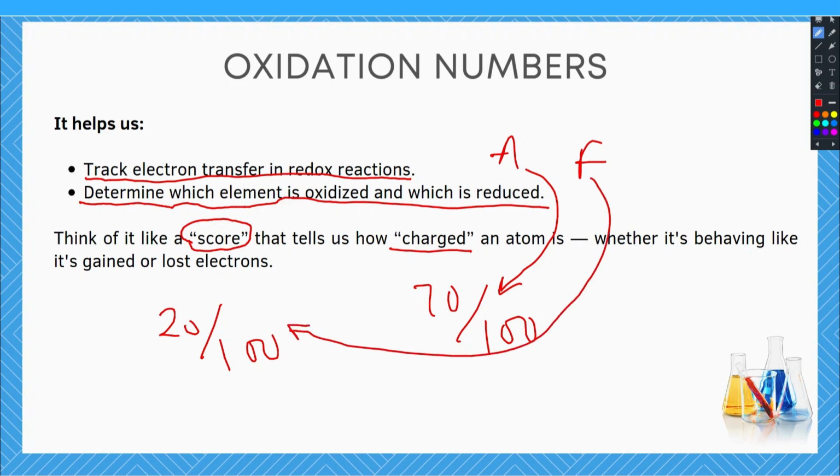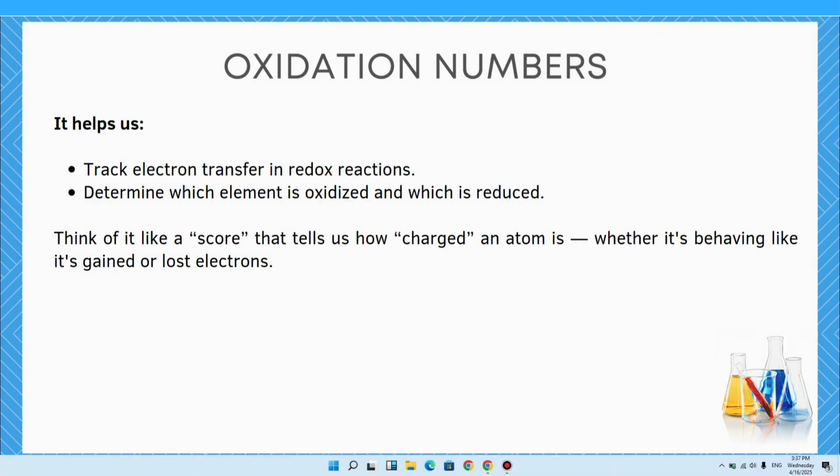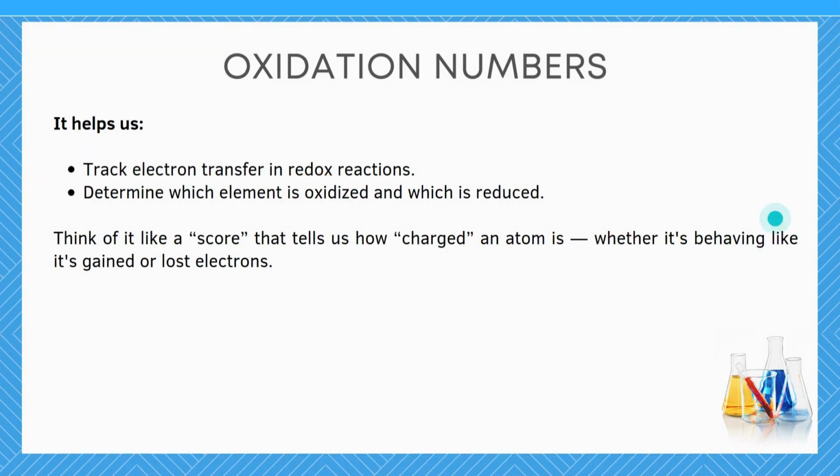Why? Because of the scores they have. So oxidation number works much like that. It is a score given to an atom in a chemical compound that tells us whether it is losing electrons or gaining electrons.